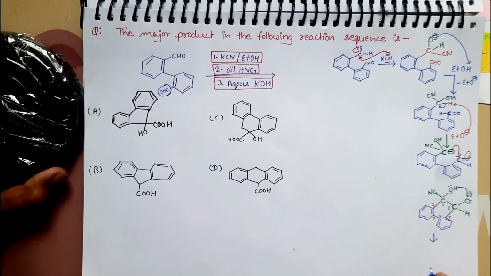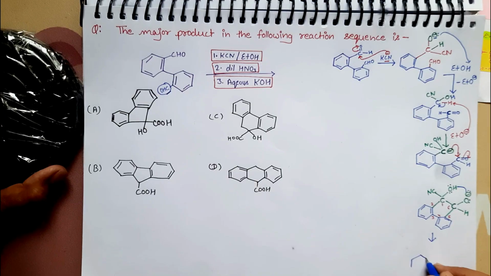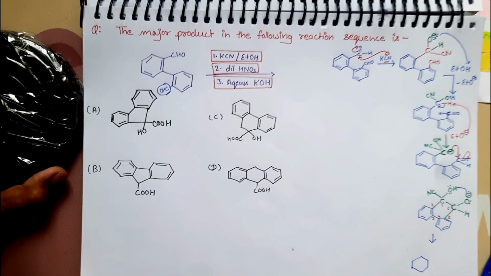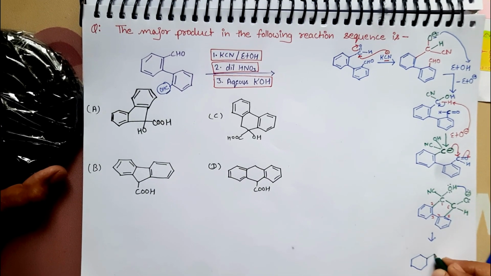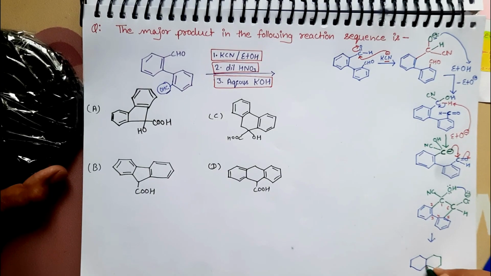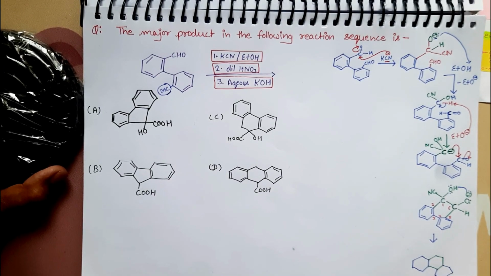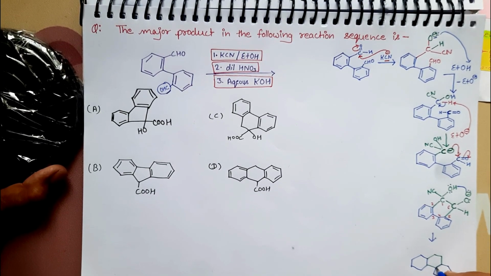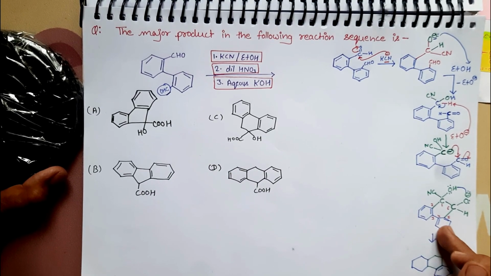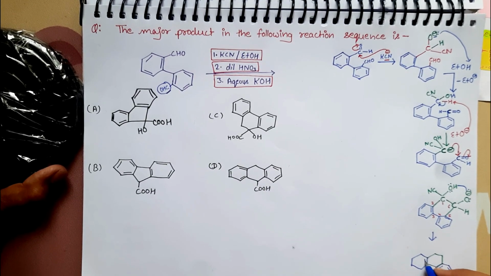So here we draw our 6-member ring like this.